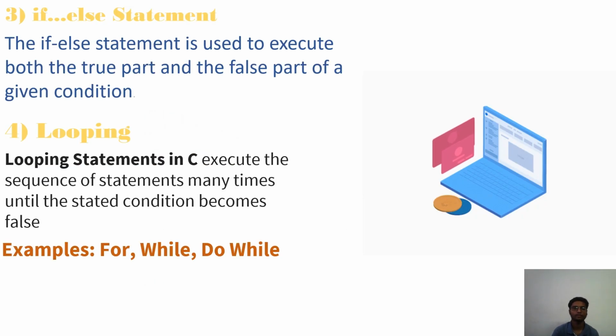The if-else statement is used to execute both the true part and the false part of a given condition. Looping statements in C execute a sequence of statements many times until the stated condition becomes false. Examples for looping are for, while, and do while.